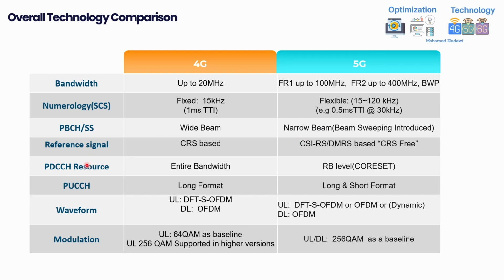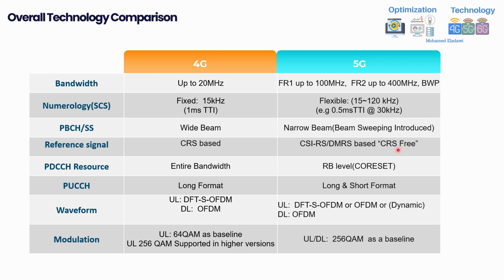For the reference signals, in 4G it was called the cell-specific reference signal, CRS. If you remember, the channel demodulation was based on the cell-specific reference signal, and we call it always on, because it is being transmitted all the time. However, now in 5G, the first advantage is that we don't have CRS anymore.